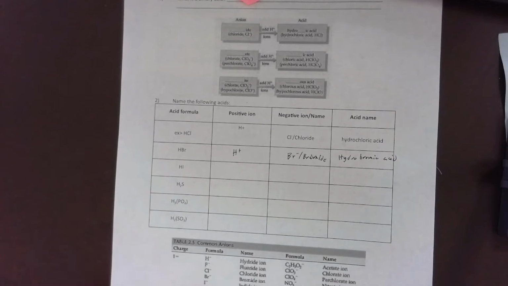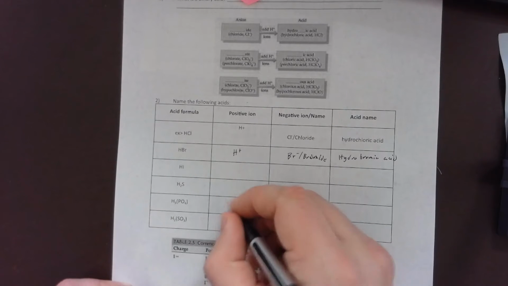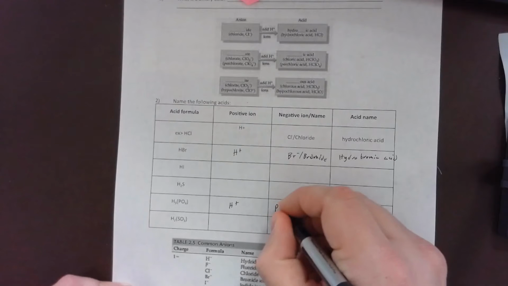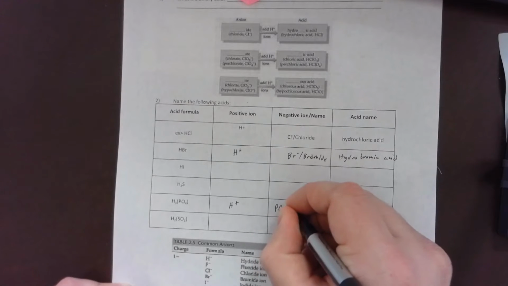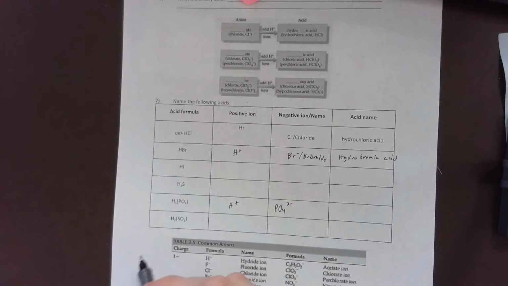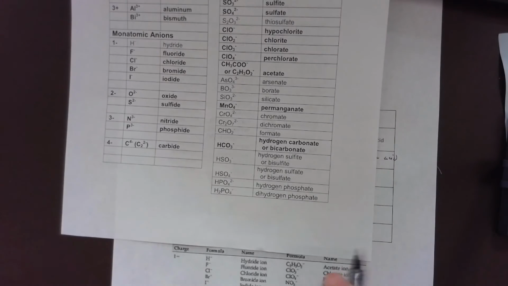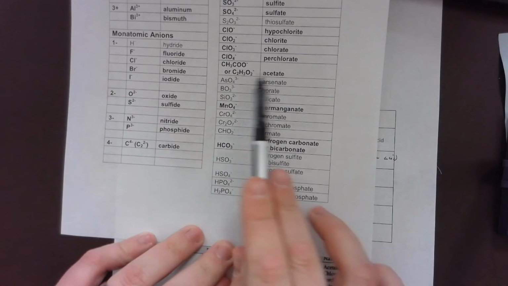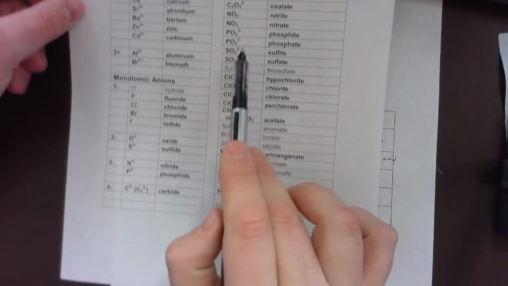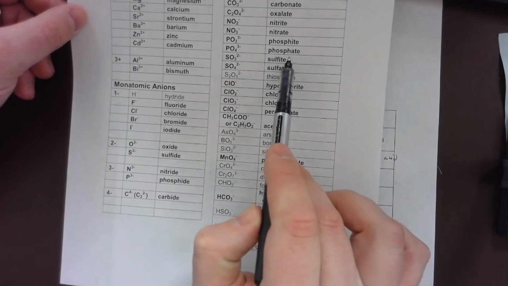Now, let's skip down to here. We still have the H plus ion. We have a PO4 3 minus. If we look back at our cheat sheet, we know that PO4 3 minus is going to be phosphate.